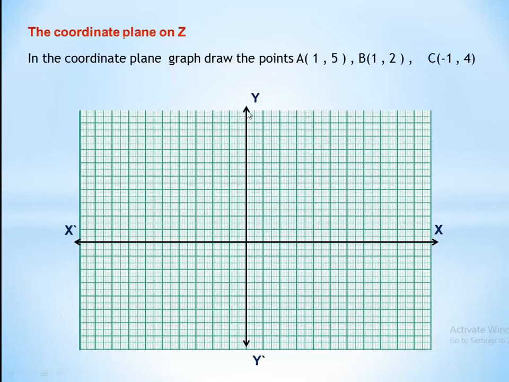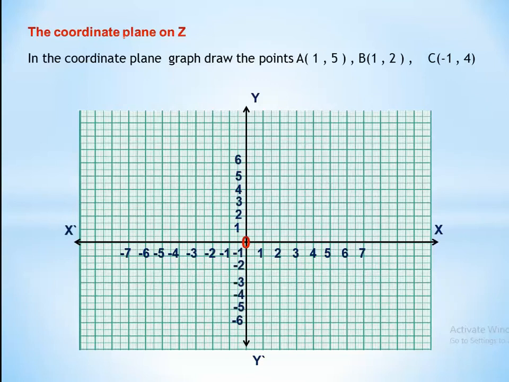If we remember the coordinate plane on N, we just draw x and y positive, just positive numbers. In the middle we will put 0. 0 is the point where the x-axis and y-axis intersect. So let's write the numbers, like the number line. Positive numbers 1 and 2 and 3 and 4. Negative numbers: above positive, below negative.